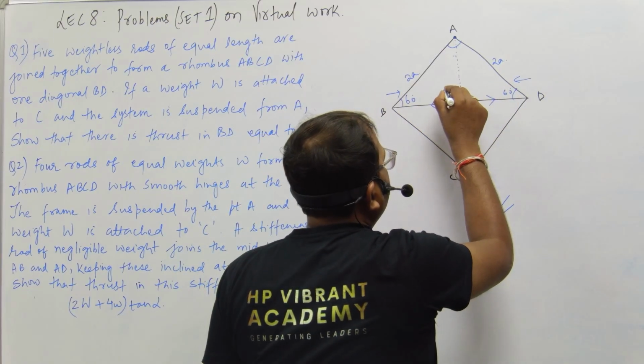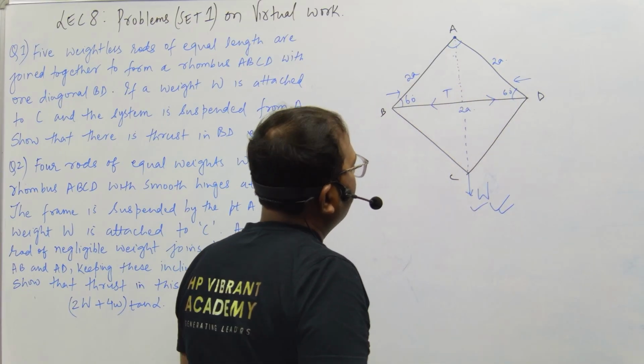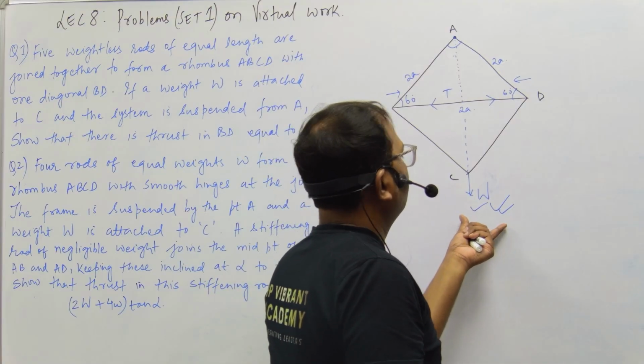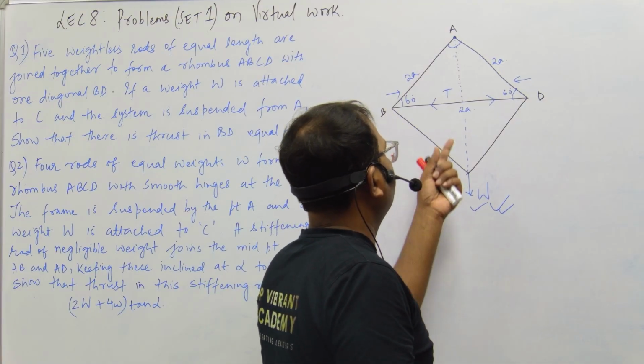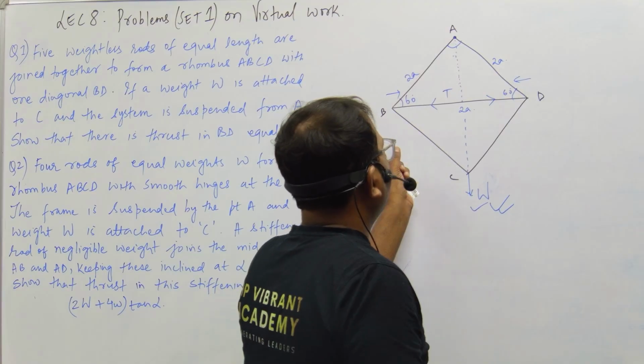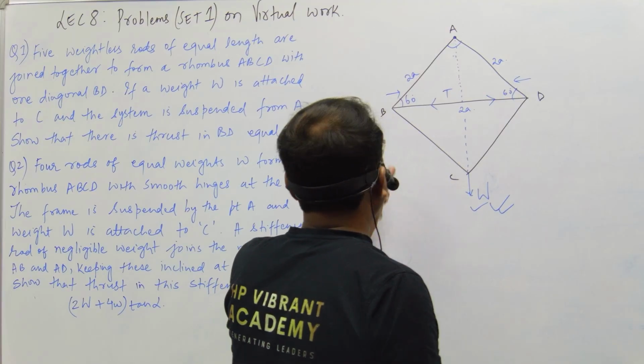So this is our thrust. We have one force W, the weight, acting at point C, and we have thrust T in rod BD.